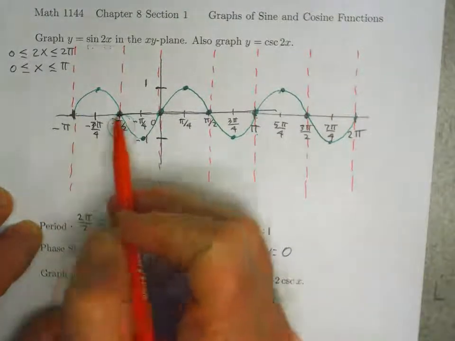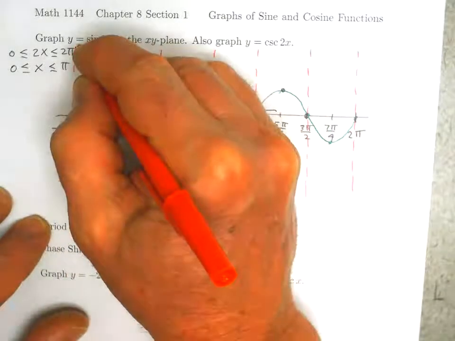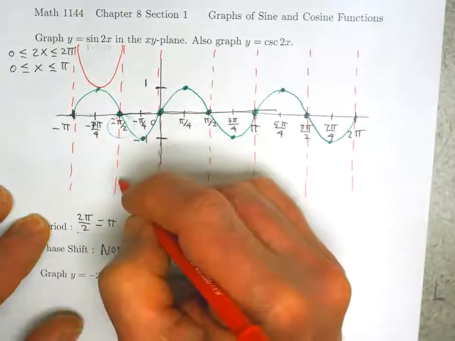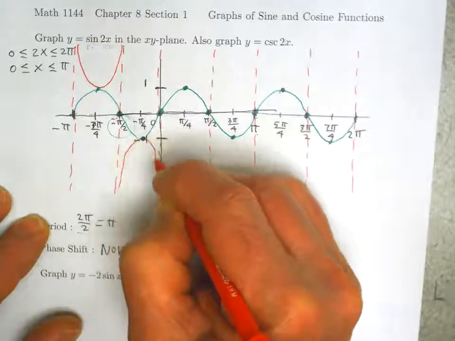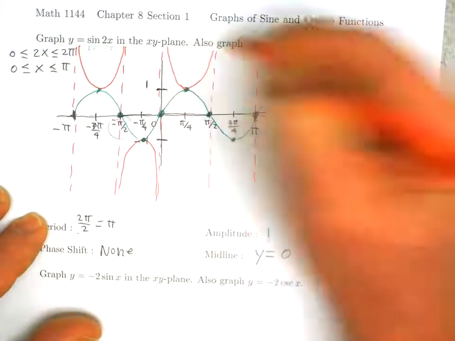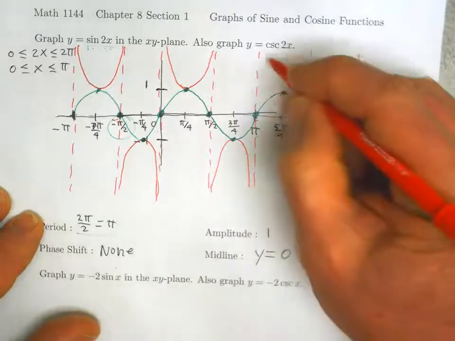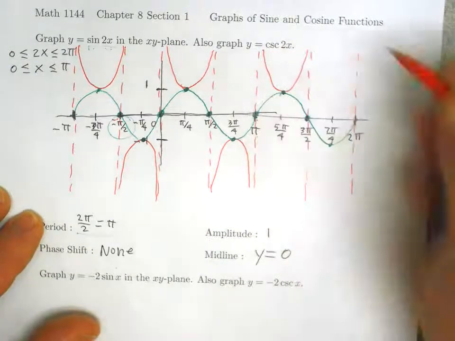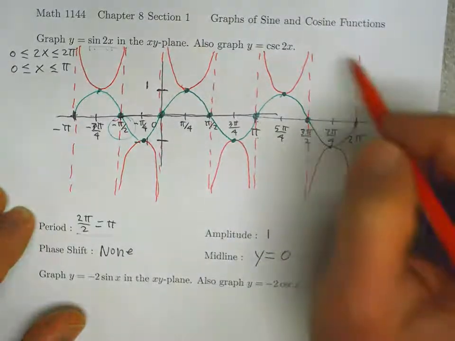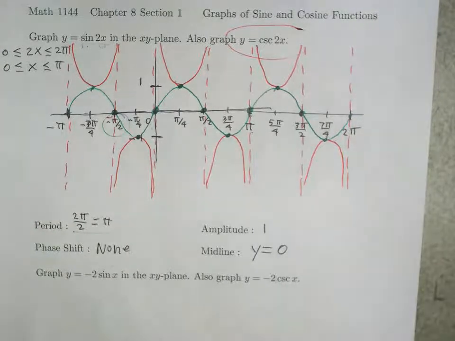So on this interval, since the sine function values are positive, the reciprocal function is also positive. On this interval, negative values. On the next interval, positive values. And so on. I'm sure you get the idea. Okay, so the graph in red is the graph of y equals cosecant of 2x.